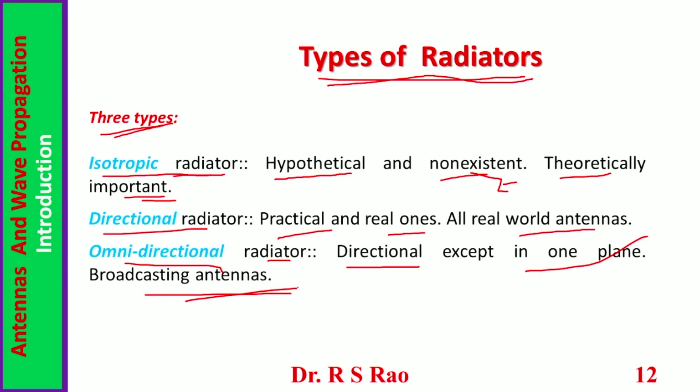Hence, they are called directional radiators. What is an omnidirectional radiator? It radiates more in some directions and less in others, but in one particular plane, it radiates equally well in all directions. In such a case, it is an omnidirectional radiator.